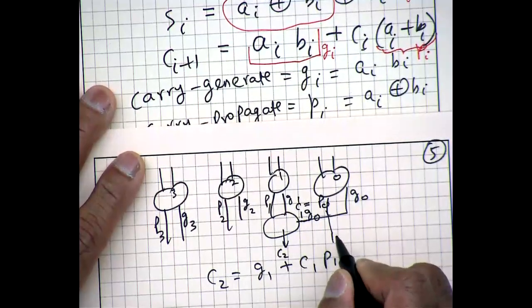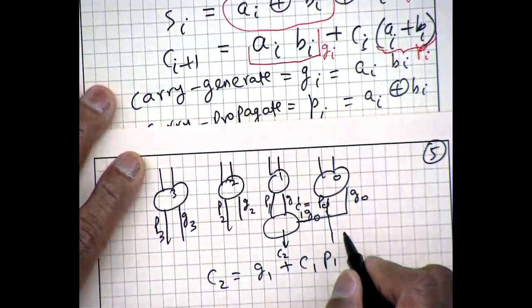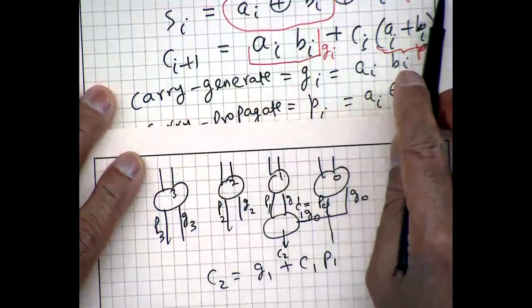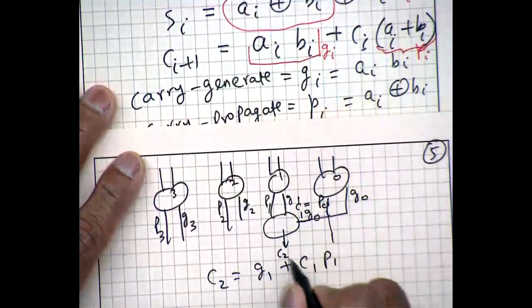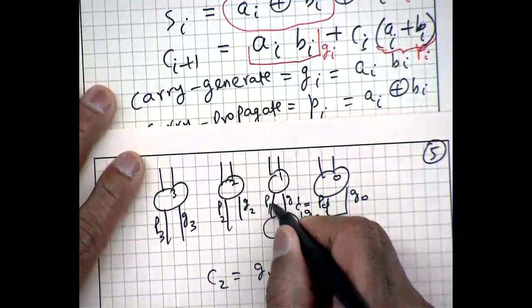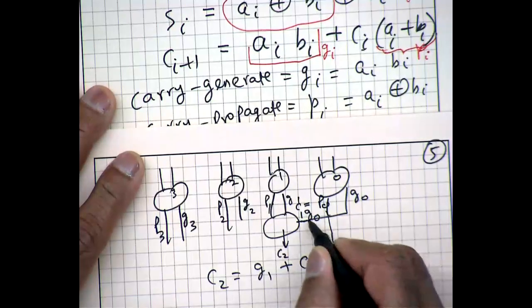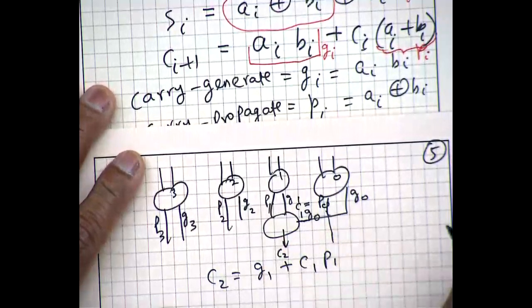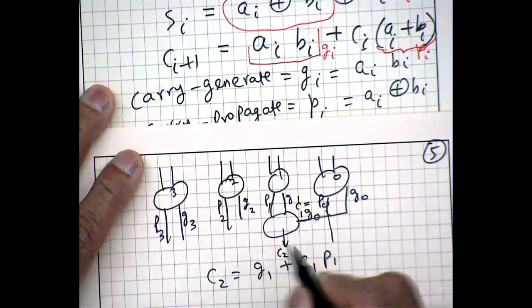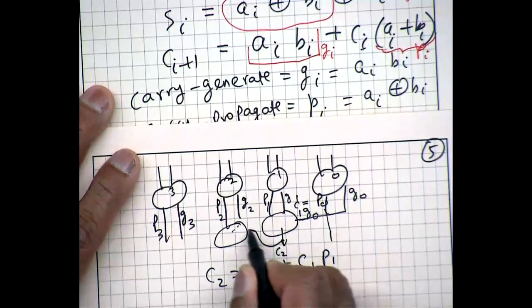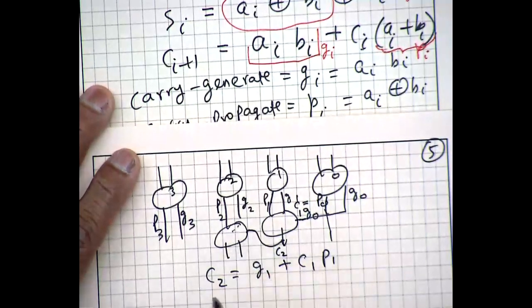And the sum is going to be, so what is sum 1? P1 exclusive or C1. So I can also generate sum from P and previous C. You will see that the real bottleneck is C2 comes here, we get C3, and then C3 goes here.